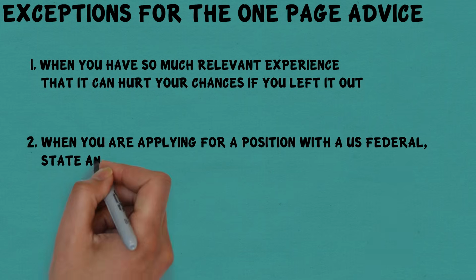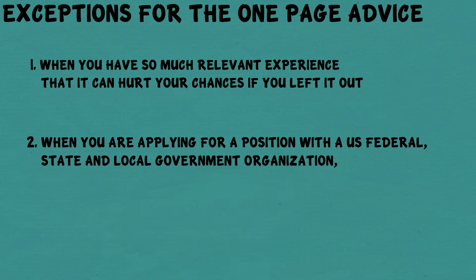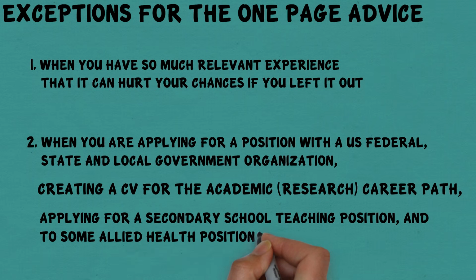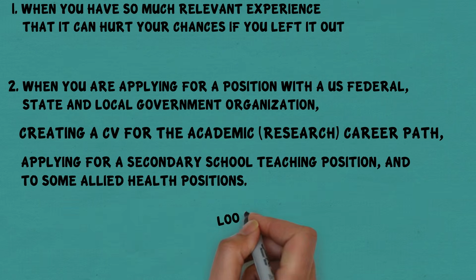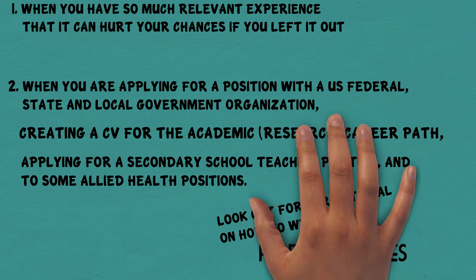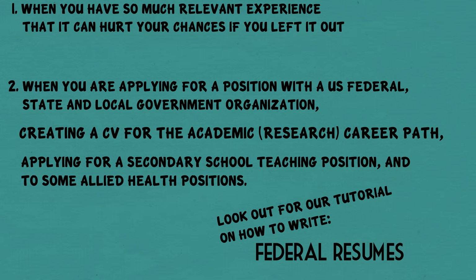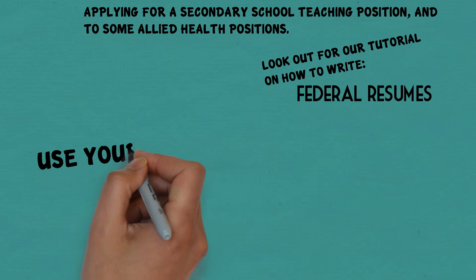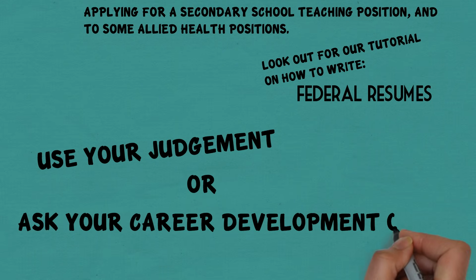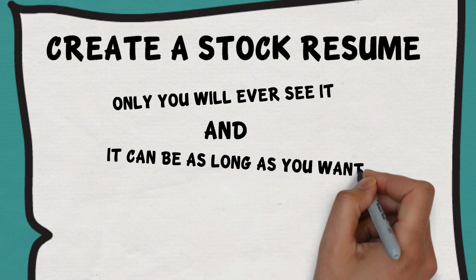When you're applying for a position with a U.S. federal, state, and local government organization, creating a CV for the academic or research career path, applying for a secondary school teaching position, and to some allied health positions. As mentioned earlier, we will cover federal resumes in a separate tutorial, but details about the others will be covered at the end of this tutorial. Use your judgment when applying this exception, or ask your career development office. We're here to help, as you like.